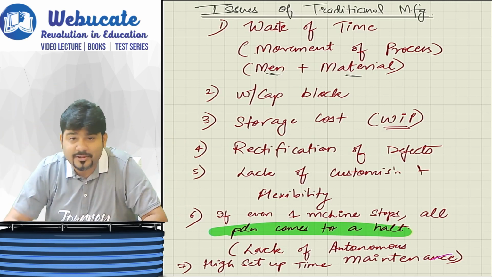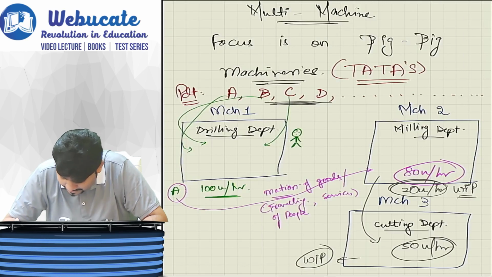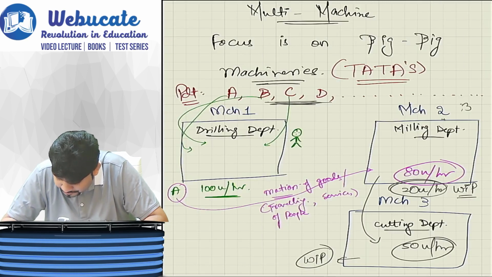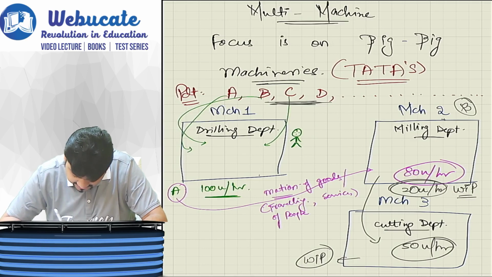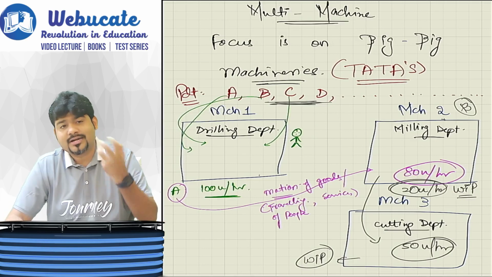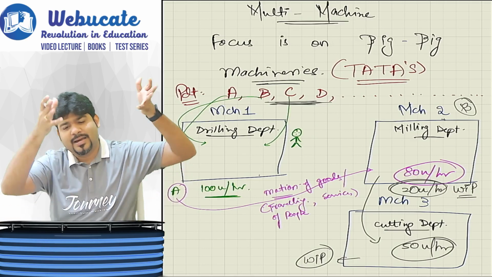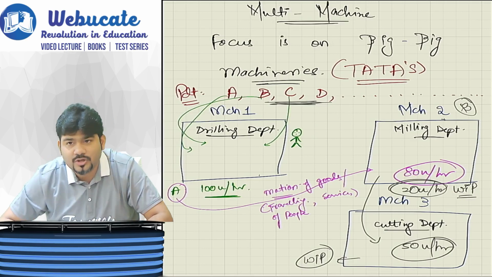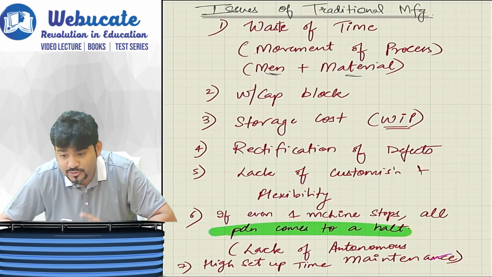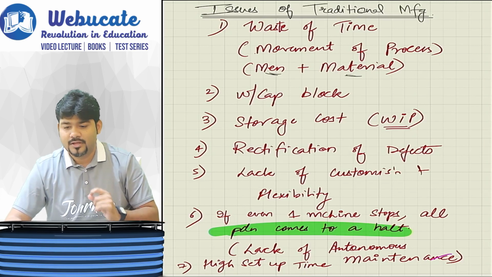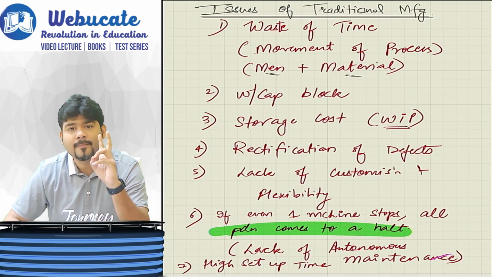Plus, if many products are being made, say machine 2 is busy producing product B, then even though machine 1 has done the work of product A, it will have to wait. Again, there is a pile-up of WIP. That is creating a big issue. So first, there is waste of time, of men, of material.